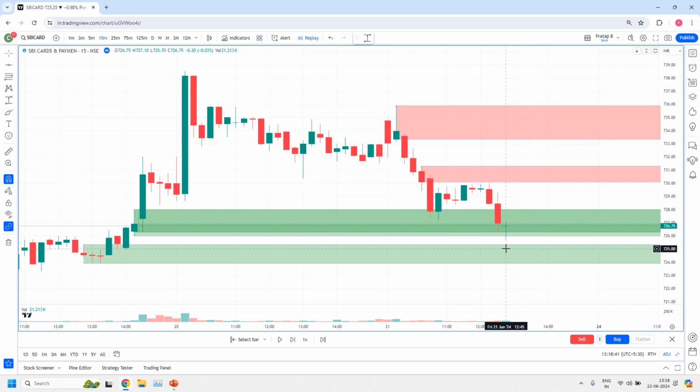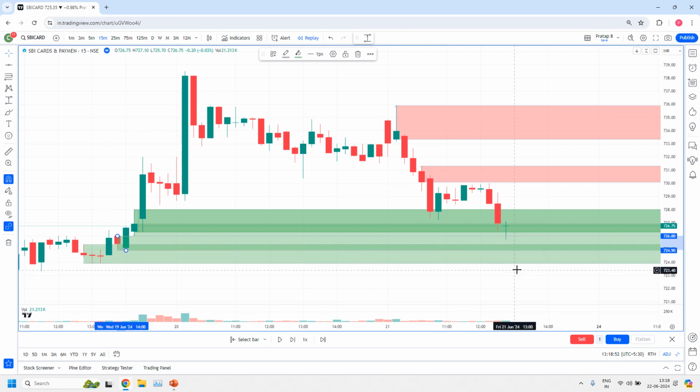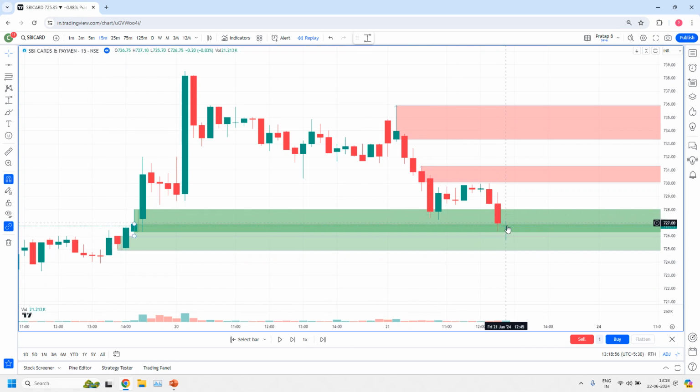And just below, there is again a demand zone. Of course, there is one more LOTL zone also there. If I delete this, it picked up the orders from the below zone.